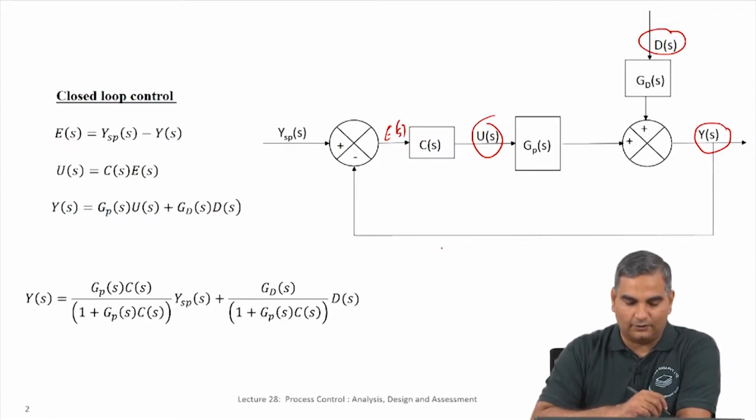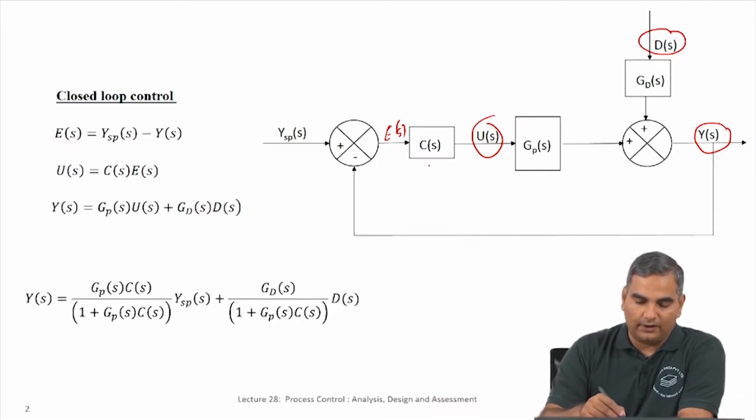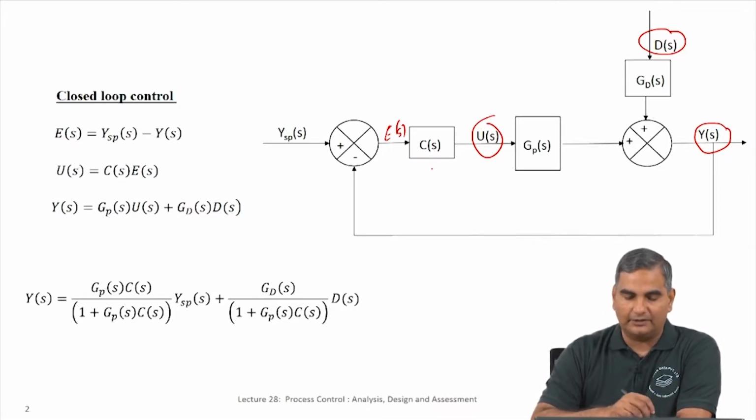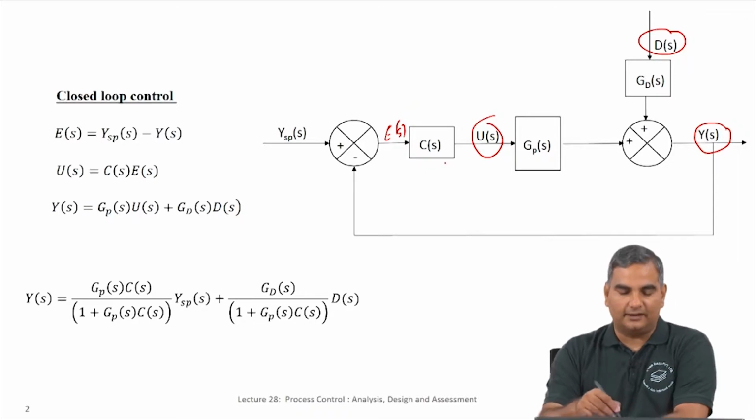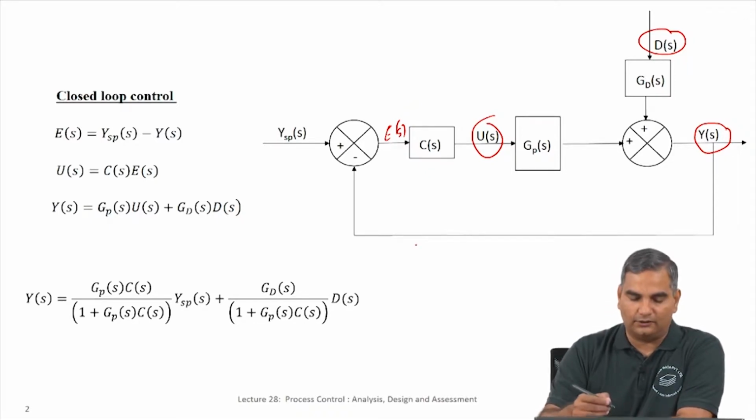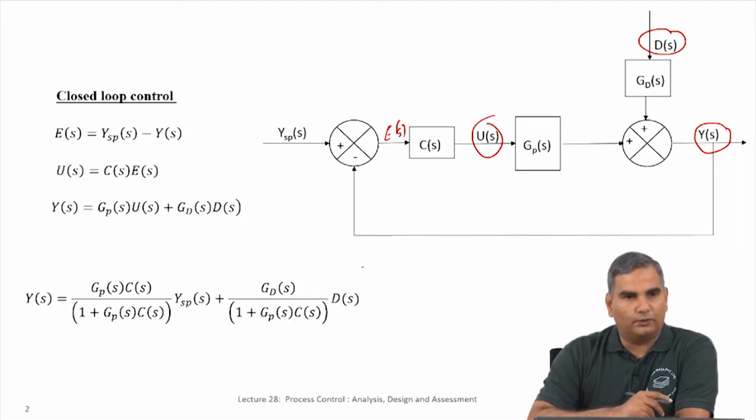When this error is 0, I do not have to take any control action, but as long as there is an error, I keep taking control action to set it to 0. That way, this closed loop works for both disturbance rejection and following the set point.